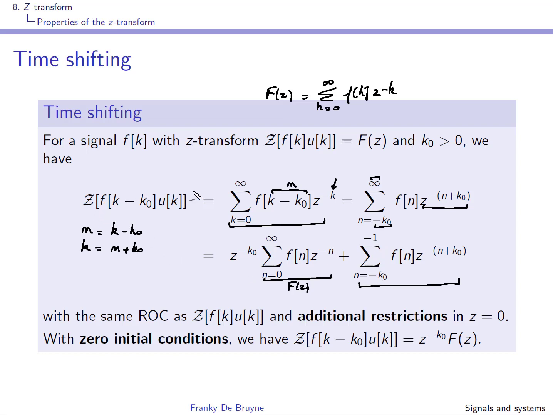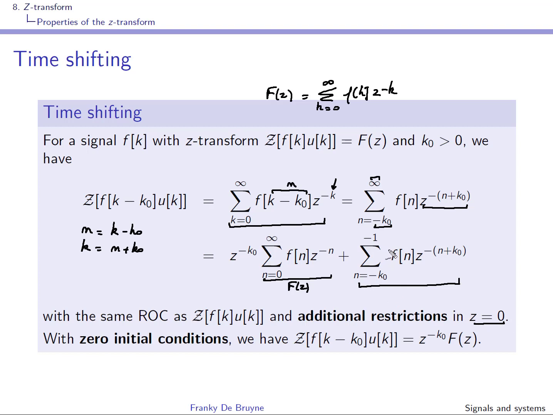The Z transform of the time shifted signal to the right has the same region of convergence as the original signal. What could happen is that sometimes you have to add a little additional restriction, z is not equal to 0, but this is rather a technical condition, not so important.